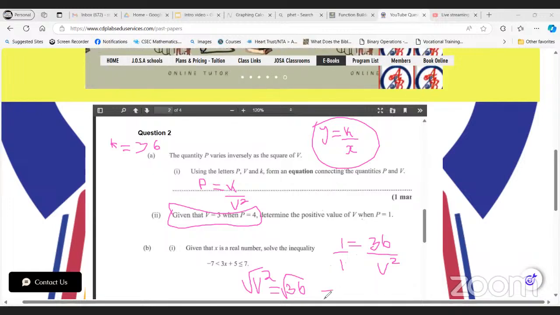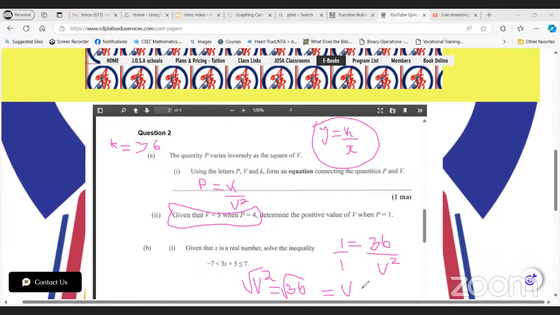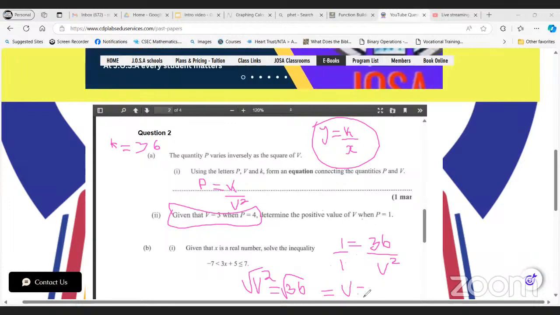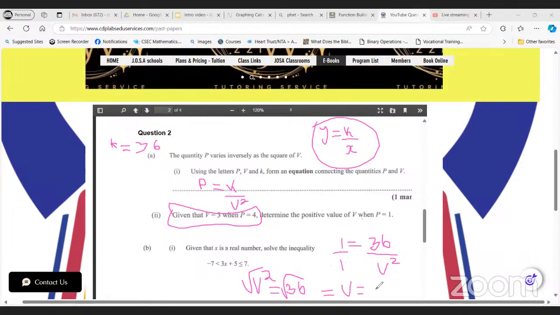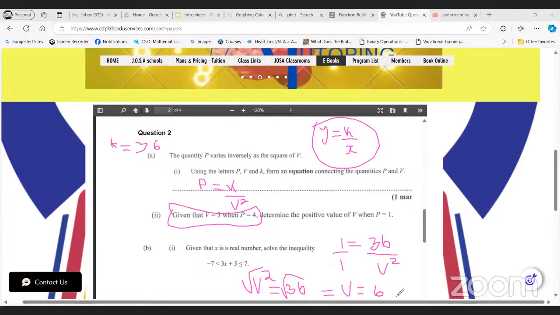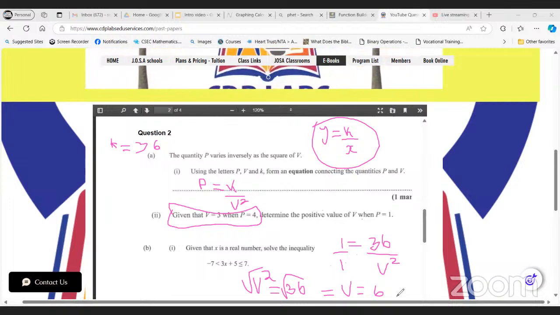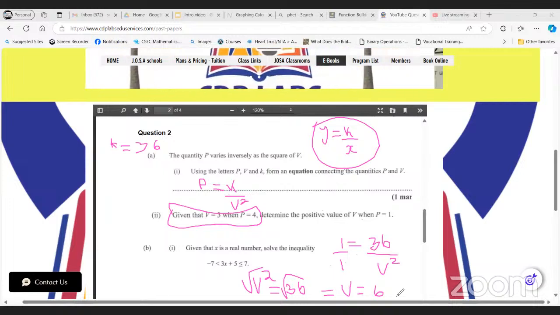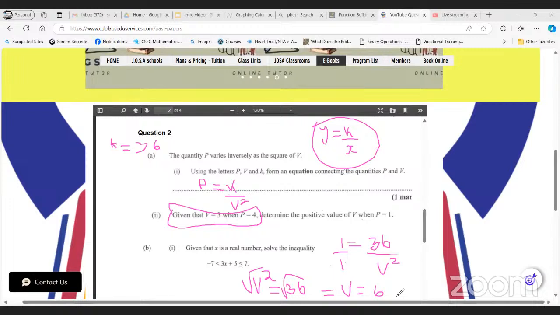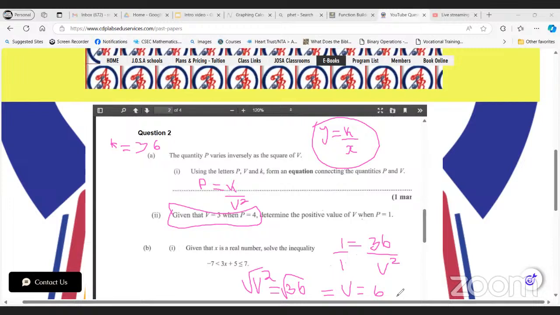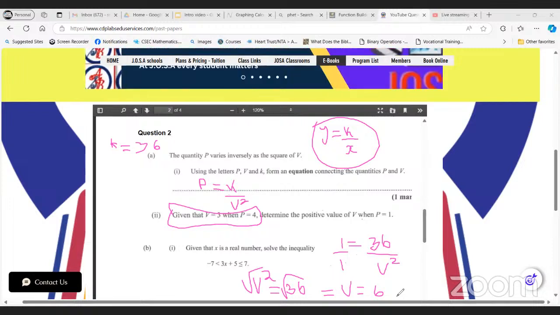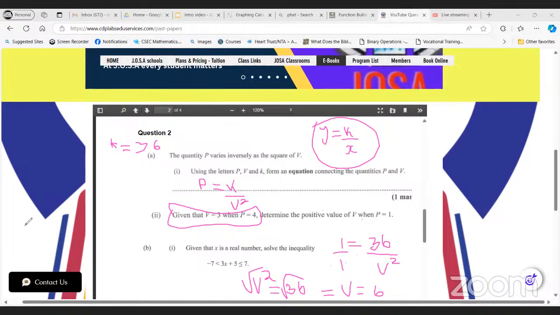And therefore, the square root of v squared is v, and the square root of 36 is what? 6. Because 6 sixes give you 36. All right? So that is that. So the answer then for part 2 would be 6.